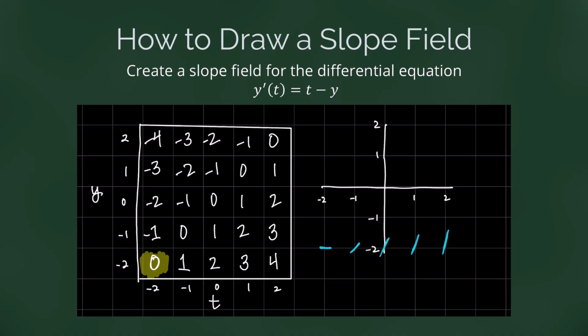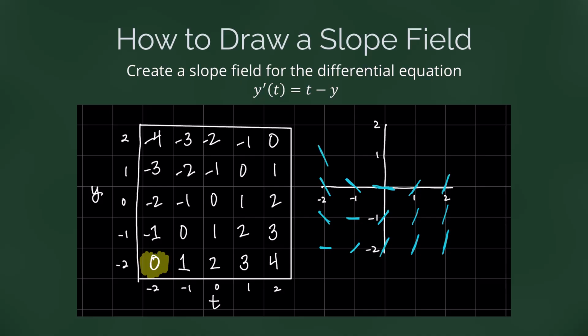Now I'm going to repeat that for when y is equal to -1, I get a slope of -1, then a slope of 0, a slope of positive 1, a slope of 2, and a slope of 3. When y is 0, I start with a slope of negative 2, then a slope of negative 1, a slope of 0, a slope of positive 1, and a slope of positive 2.